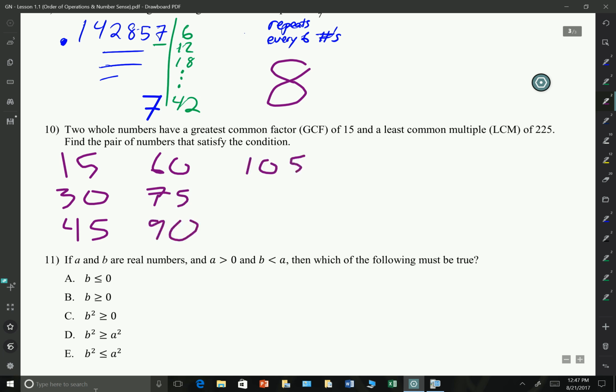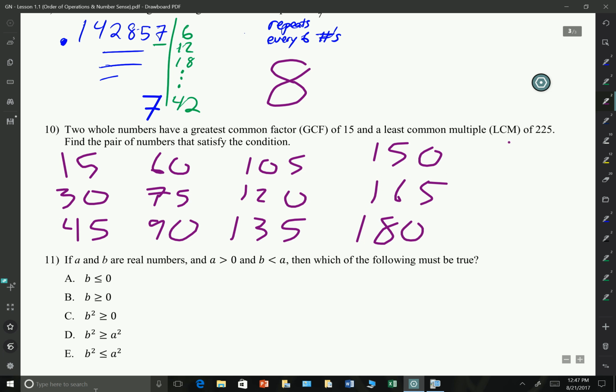And I just keep adding 15 until I get to 225. And there we are. Those are all the multiples of 15. Because if they have a common factor of 15, that means it has to be a multiple of 15, doesn't it?